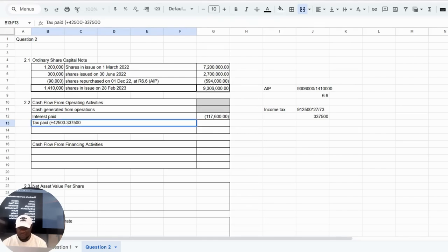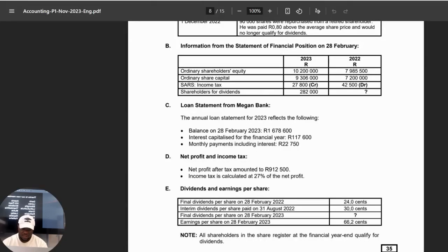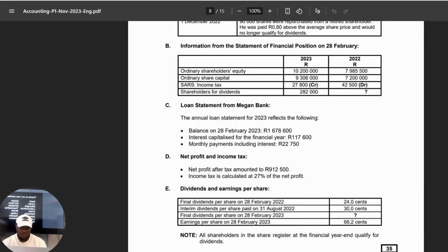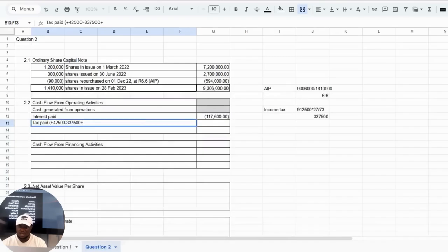And then after that, we look at the end of the year to see if maybe we owe SARS or SARS owes us. But as you can see here, we owe SARS now the 27,800. Now this is at the end of the year. So if we owe SARS this amount of money at the end of the year, it means that not all that 337,500 was paid. And so since not all of it was paid, we can just simply add how much of it was not paid. And so how much of it was not paid is the 27,800.